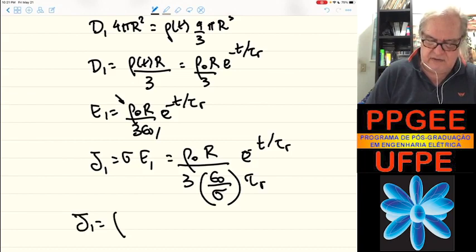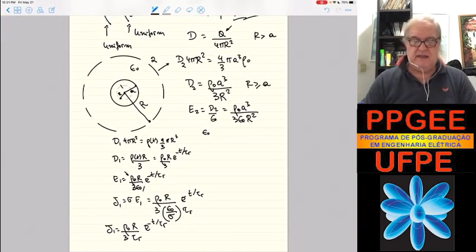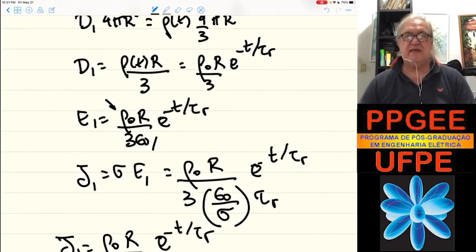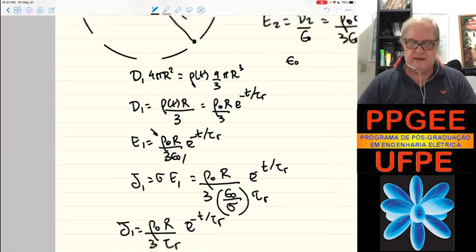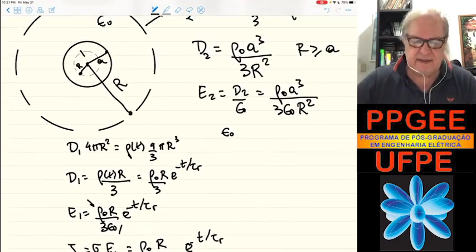So J1 equals rho 0 r divided by 3 tau r, exponential of minus t over tau r. So I have those fields inside that are transient fields. The current density is a transient current density. You can calculate the current if you want. You can calculate a number of things. So that's the result we got.